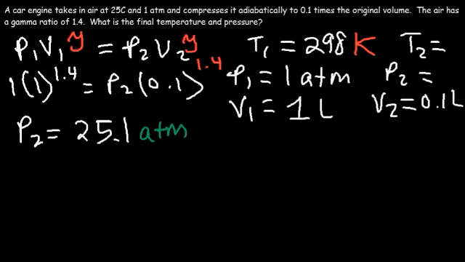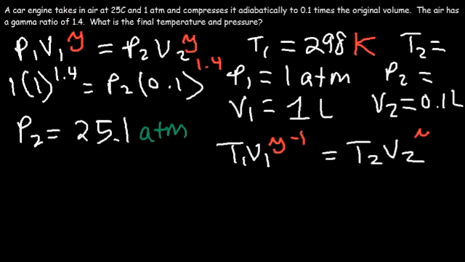Now let's use the other equation. T1 V1 raised to gamma minus 1 is equal to T2 V2 raised to gamma minus 1. So T1 is 298 Kelvin, V1 is 1, gamma minus 1, that's 1.4 minus 1, which is 0.4.